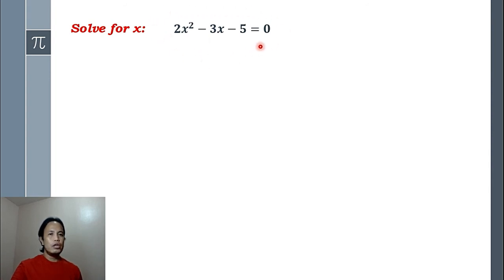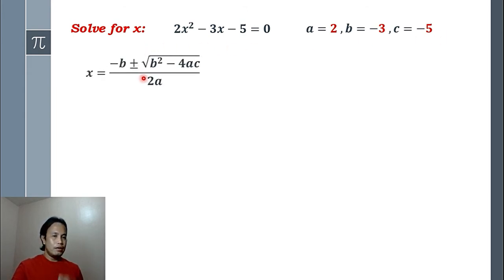So what we need to do is simply identify the values of our a, b, and c. Our a is 2, our b is negative 3, and our c is negative 5. We will substitute these values into our quadratic formula, which is negative b plus and minus the square root of b squared minus 4ac over 2a.